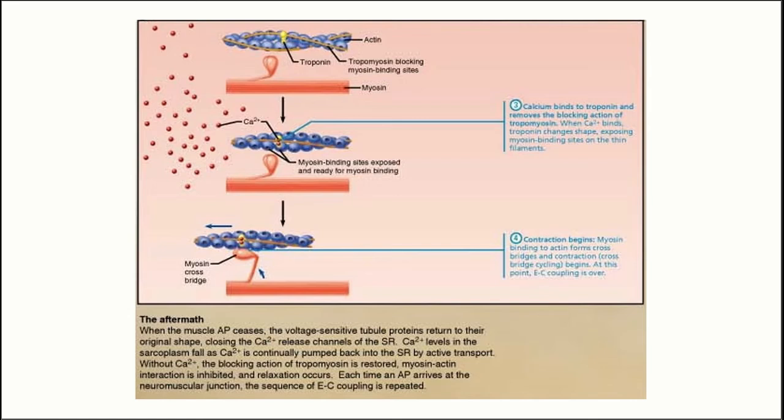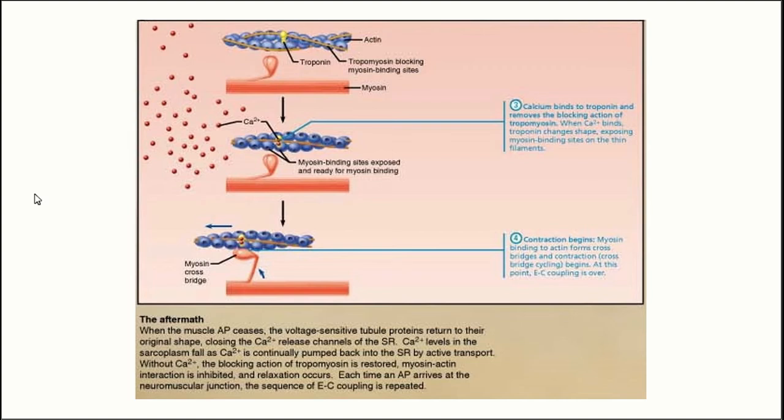So if we take a look at what's happening after calcium is released into the sarcomere, we see that calcium binds to troponin on the thin myofilament. Recall that troponin was associated with a filament-like, or thread-like, protein called tropomyosin.